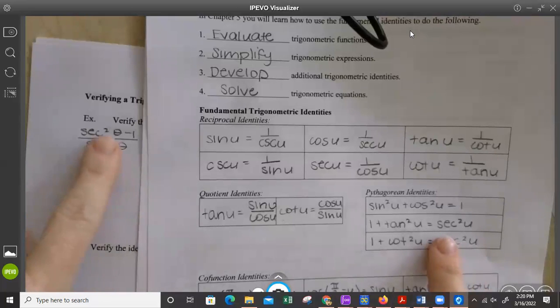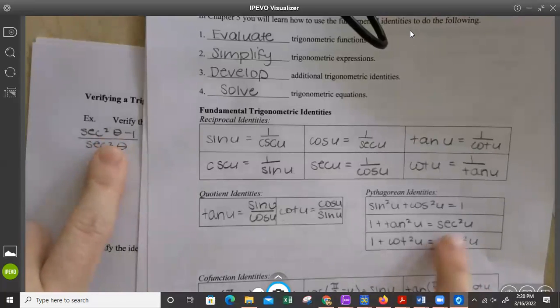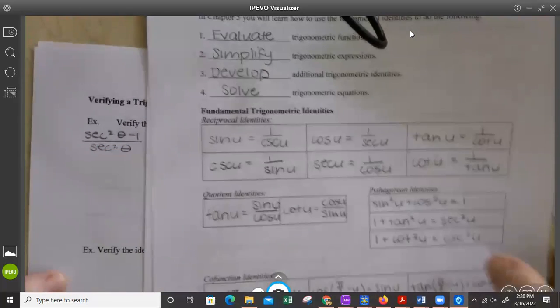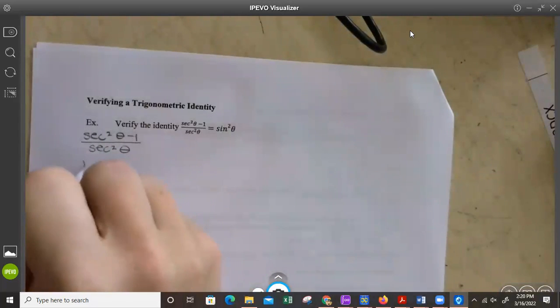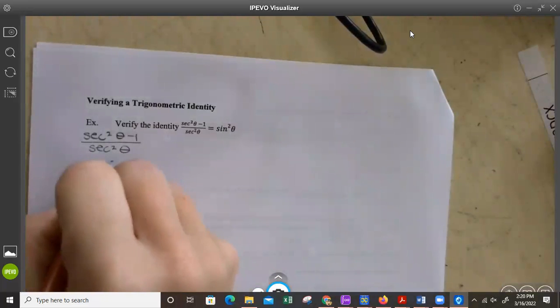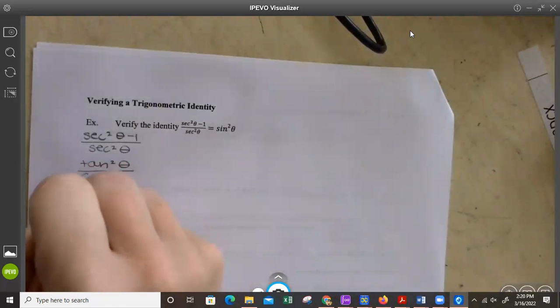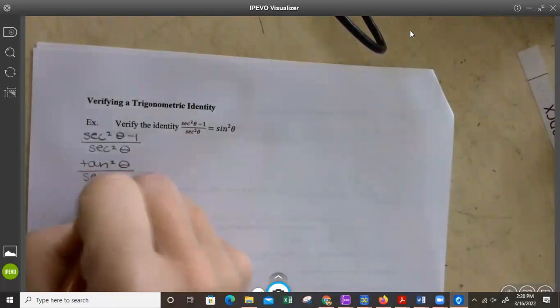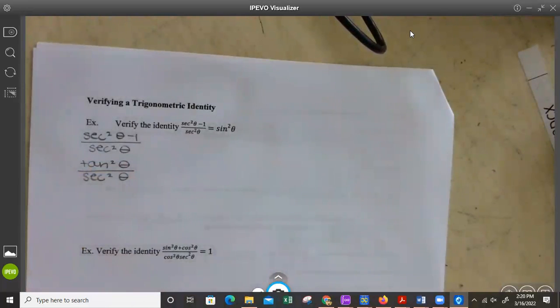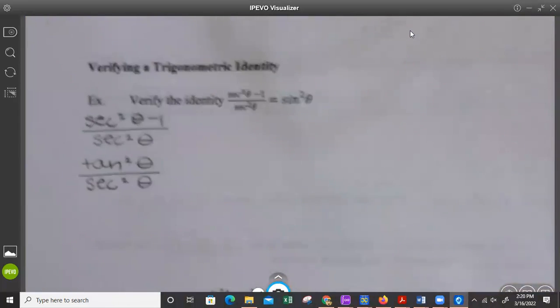So we have this secant squared minus 1 right here, right? If I subtract 1 right here, what am I going to get? Tan squared. So we're going to change it. So we get tan squared theta over secant squared theta. What is tangent?